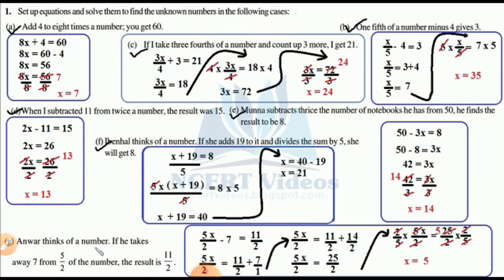Look at the last one. Anwar thinks of a number. If he takes away 7 from 5 by 2 of the number, the result is 11 upon 2. At last you can get x is equal to 5.